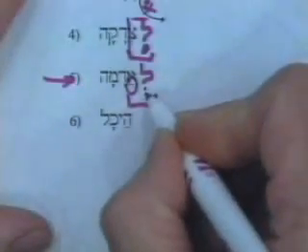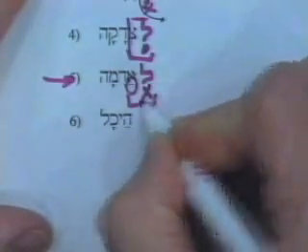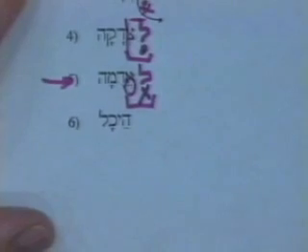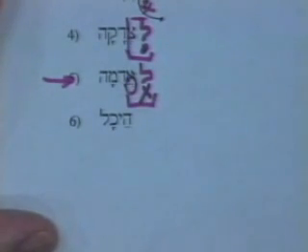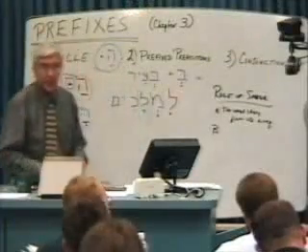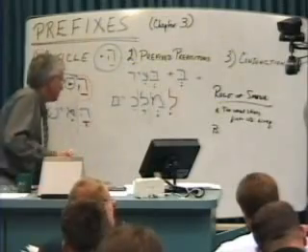So what happens now? The first vowel has to change, but instead of going to hireq, it's going to go to whatever short vowel is there in the composite schwa, which in this case is a patach. Let me rewrite this one up front here, where I hope we can see it a little bit more clearly.